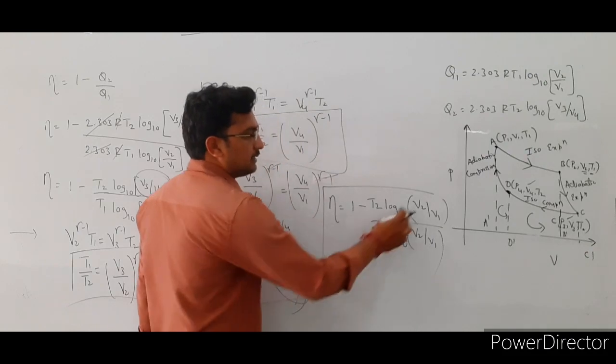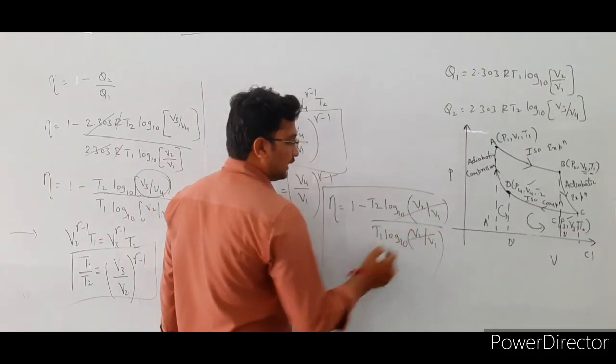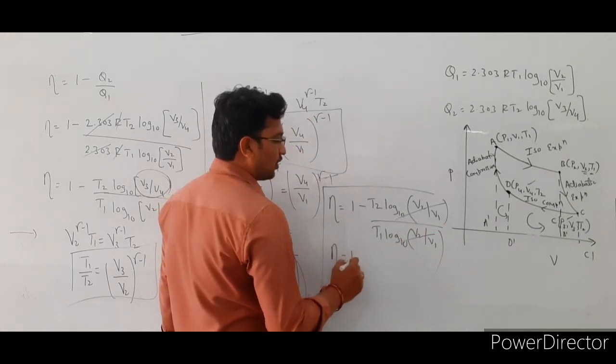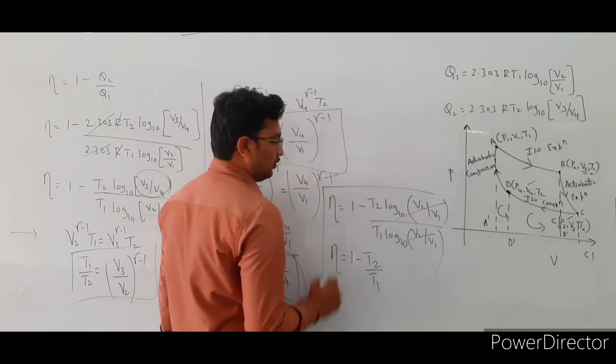Here the log base 10 V2 by V1 in the numerator and the denominator are the same, so both get cancelled. Then the efficiency of a Carnot engine is 1 minus T2 by T1.